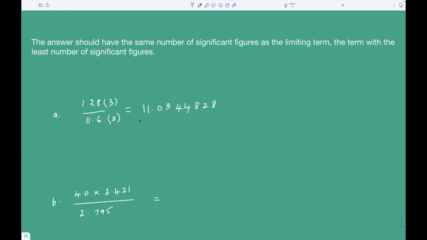So it doesn't matter. The result also must contain only 3 significant figures. So we have to keep these 3 digits and drop the rest. So we have to round this result to 3 significant figures, and you know how to do rounding. So the answer to this calculation is 11.0.